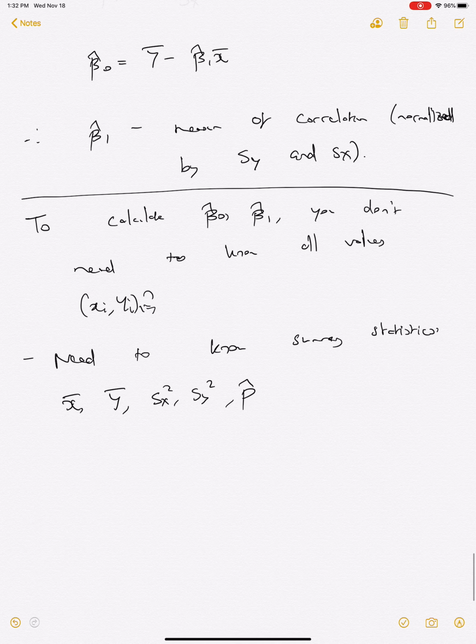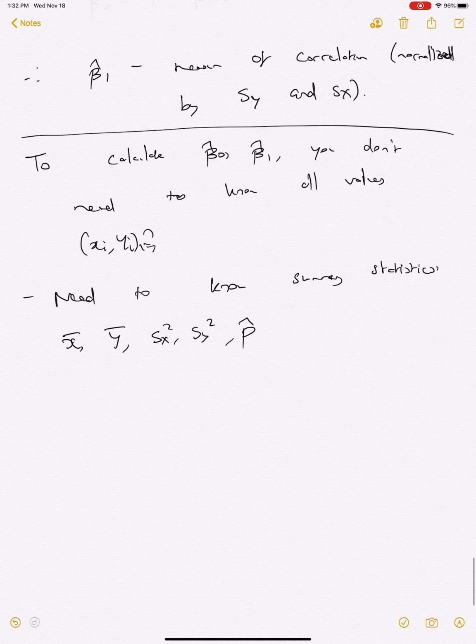And so you only need to know these 5 values, and if you know that, then you can calculate beta hat 0 and beta hat 1.